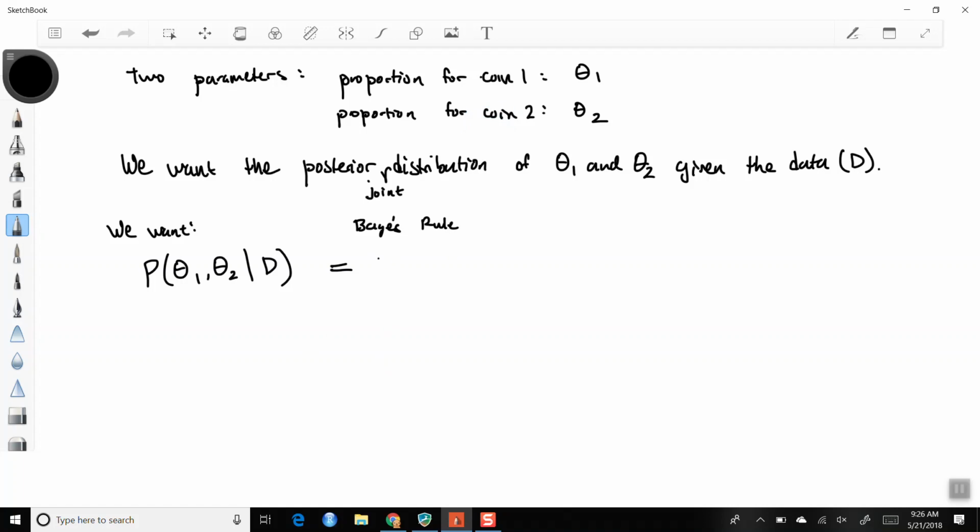We're going to have the data given theta 1 comma theta 2 times the prior probability of theta 1 and theta 2. And we're going to divide this by the probability of the data, right?